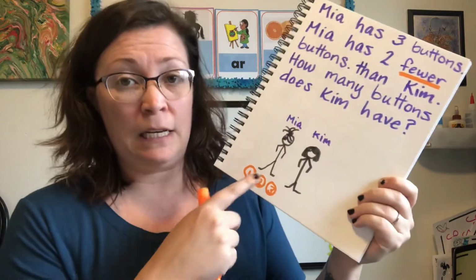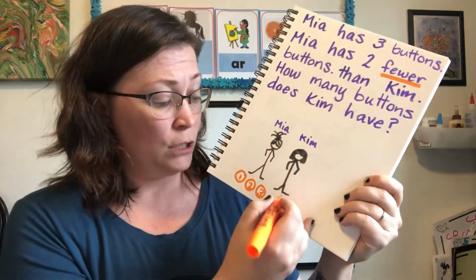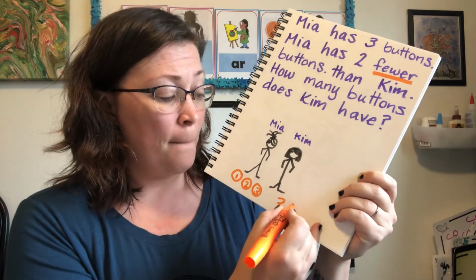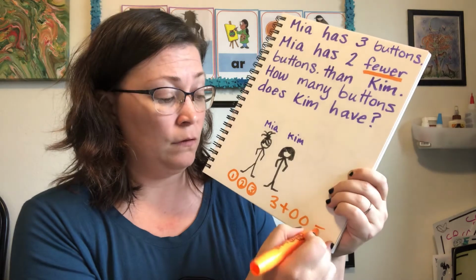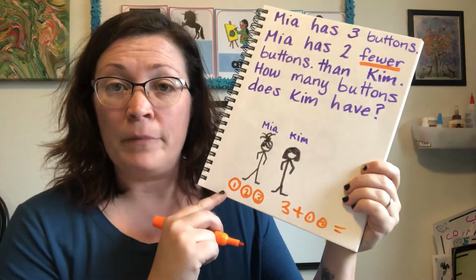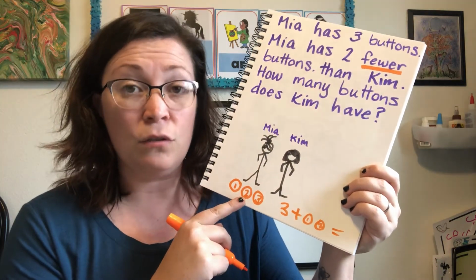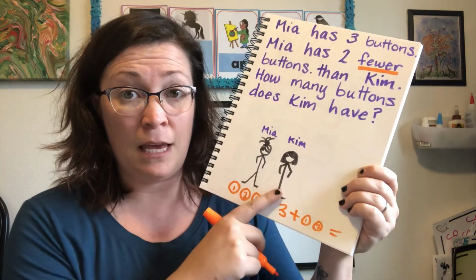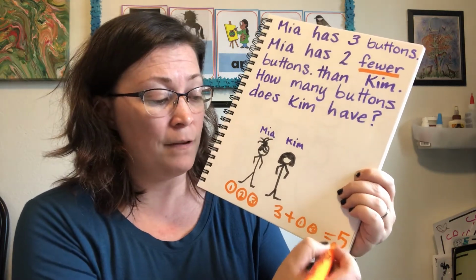So when someone has less, the other person has the same amount plus some more. So she has 3 plus 2 more. 1, 2. So that's what that means, fewer. She does have 3, and we know that, but she has 2 less than her friend, Kim. So we know that it's 5.